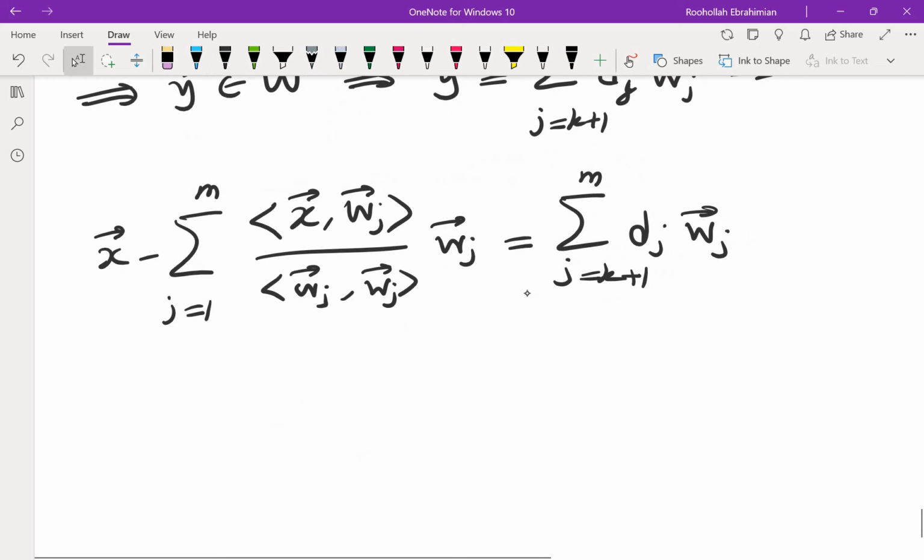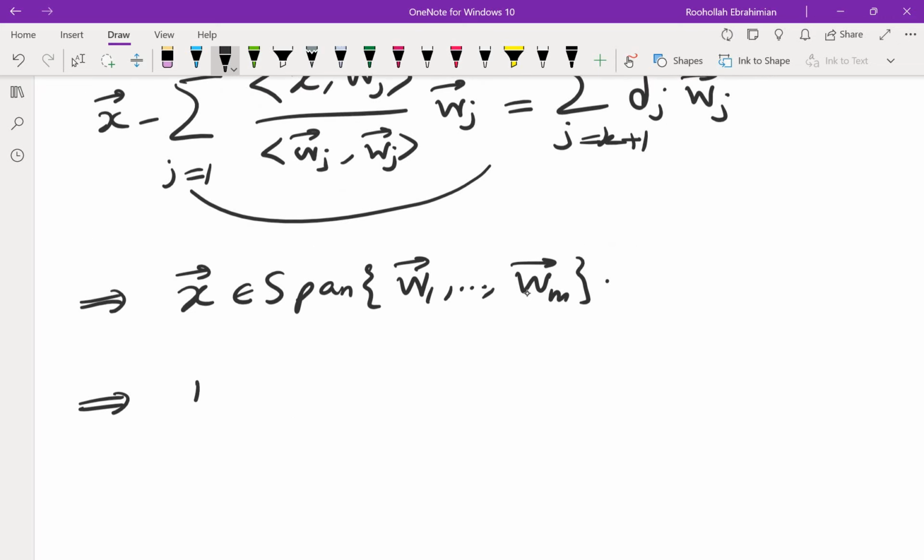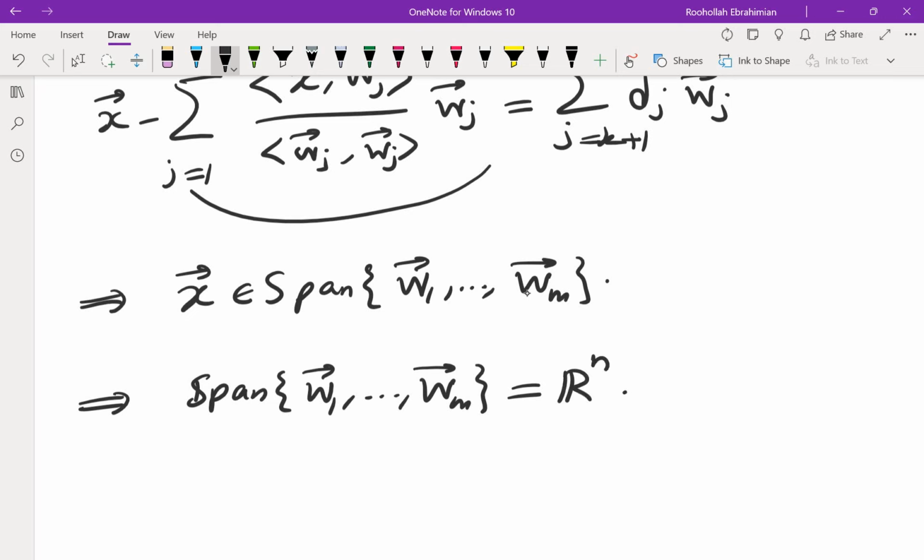If you move this to the other side, you get X is in the span of W1 through Wm. So what did we show so far? We showed that the span of W1 through Wm is in fact the same as Rn, because every element of Rn is in the span, and of course every element of the span is inside Rn.